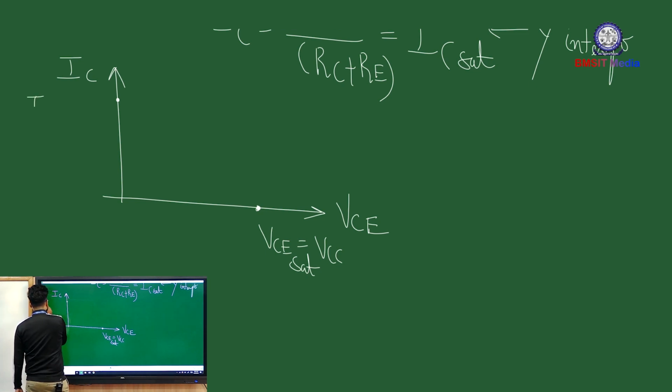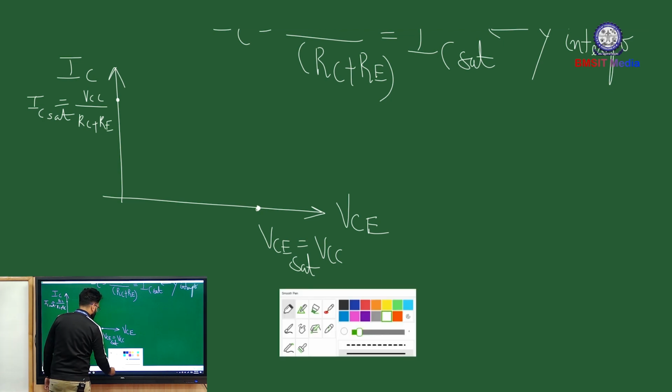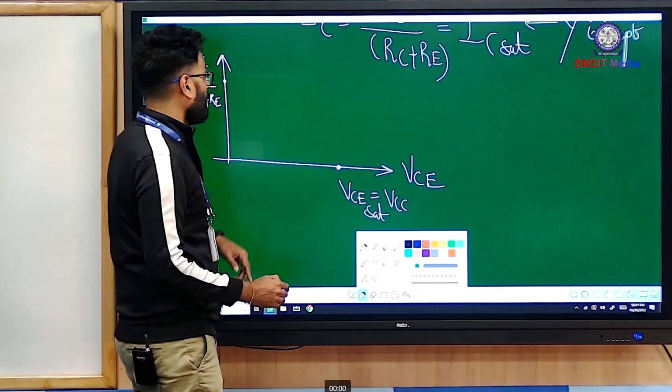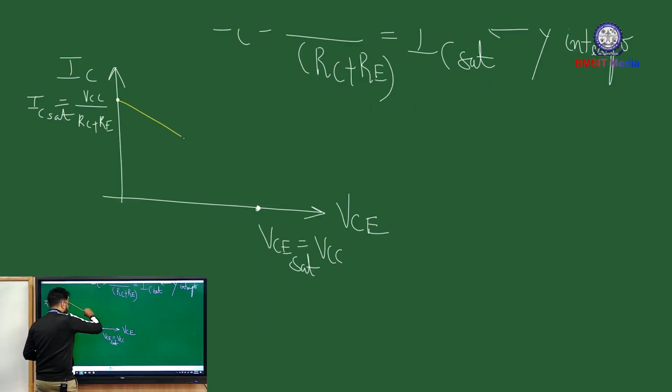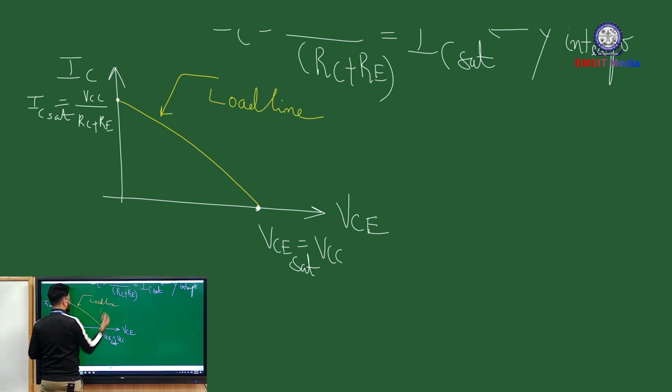IC saturation, IC sat, which is equal to VCC by RC plus RE. Okay, now what you do is join the two intercepts with a straight line, so that will be the load line. Okay, so this is your load line, and the slope of the load line is m equal to minus 1 by RC plus RE.